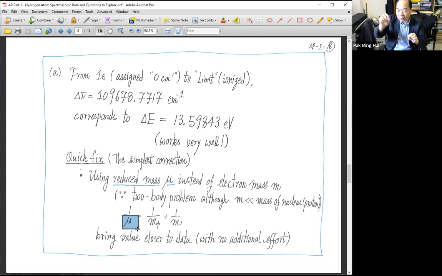The center of mass is closer to the proton, and then as it orbits, if you don't use the reduced mass, the center of mass will be making a small circle, but there's no external force. The internal force is Coulombic. So even in classical mechanics context, we should replace the M in the Schrödinger equation by the reduced mass. I know that you have done that. You know this piece of physics.